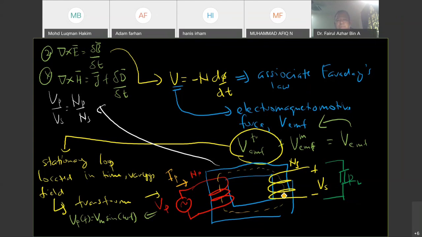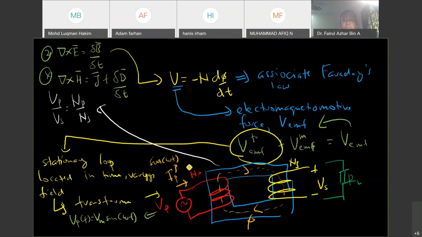So let's say in this particular case, the flux will be produced in this direction, for example. The parameter of the IP will be the same as the VP. If we have VP in a sine function, the IP will also be produced in a sine function, and the same goes to the flux. The flux will be produced in a sine function as well.